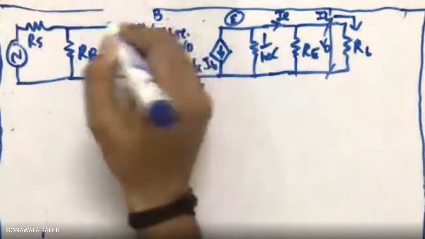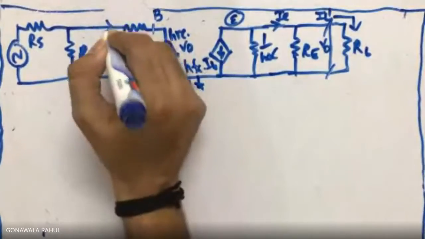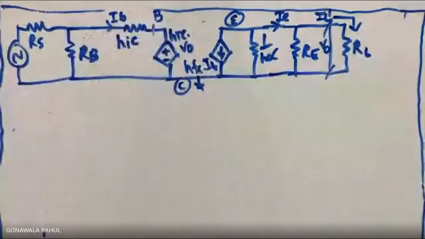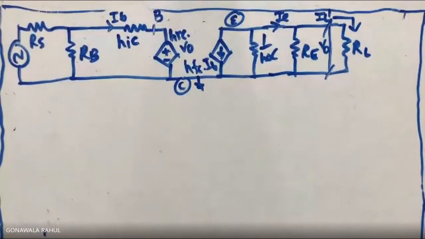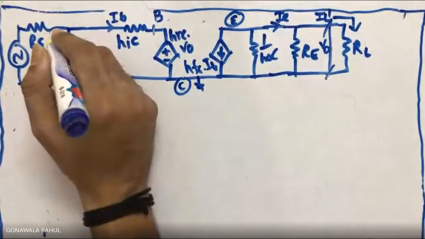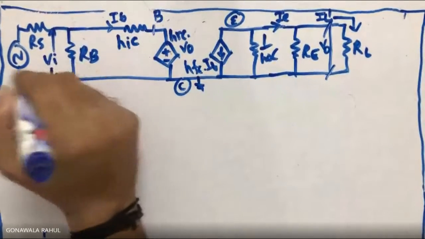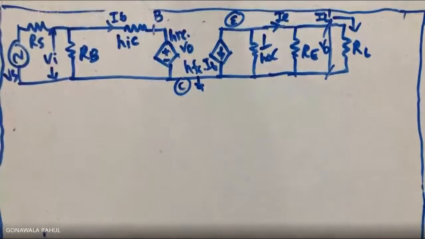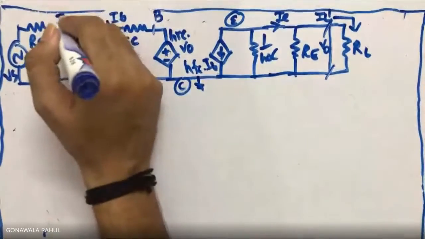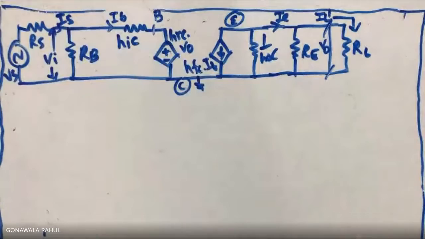That we have assumed, and RB is equal to R1 parallel R2. Here the current flowing will be IB through this. My input voltage will be V in. This is our Vs supplied voltage source. Hence here there will be current, that is Is.